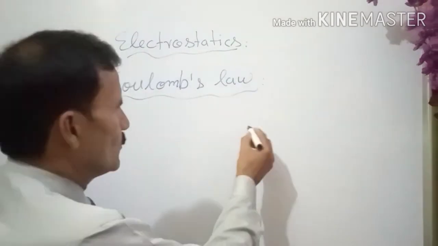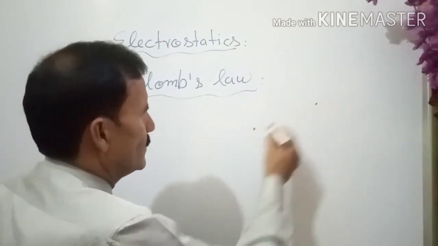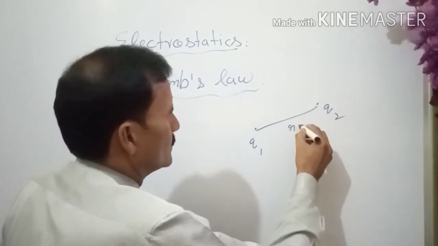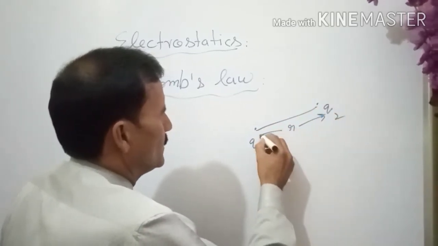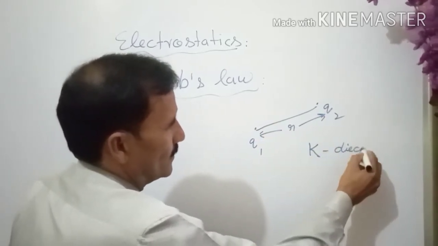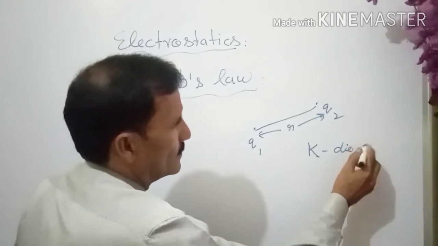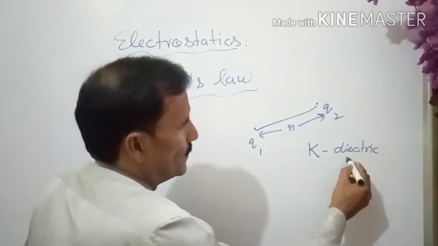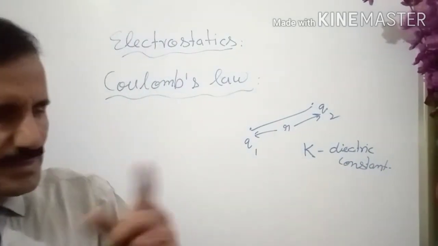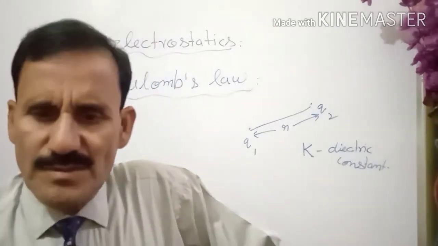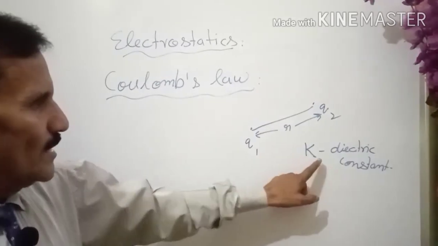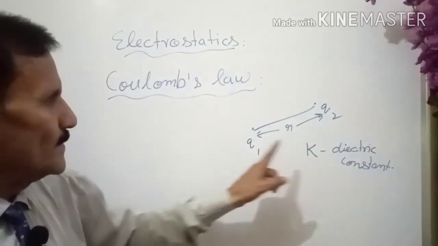Suppose there are two point charges, Q1 and Q2, placed at a distance r in a medium whose dielectric constant is K. What is the dielectric constant? It measures the different mediums' power to store charge. So K is the dielectric constant.